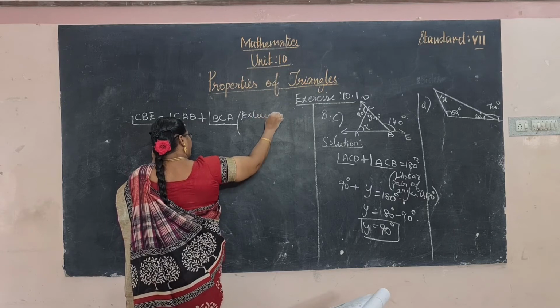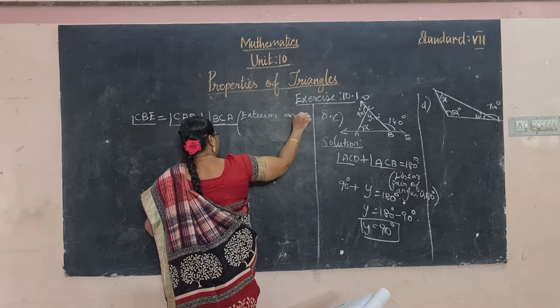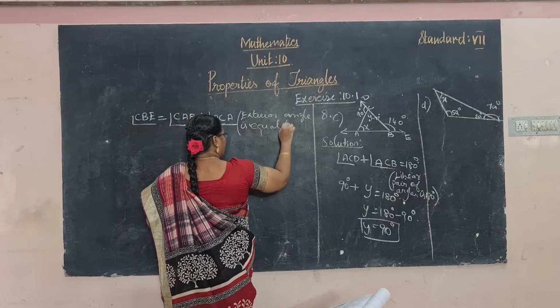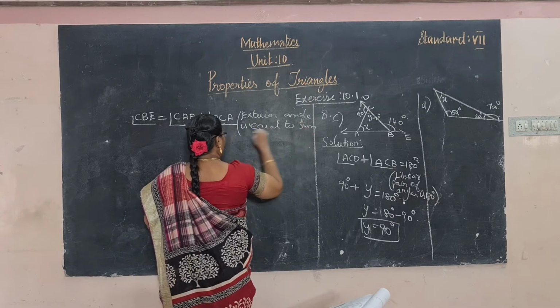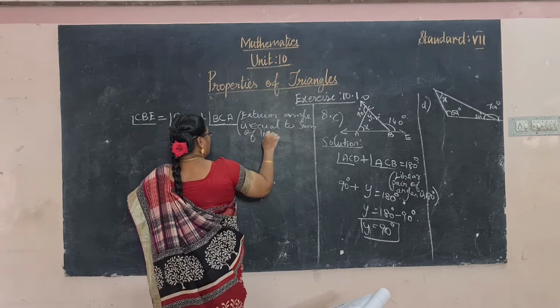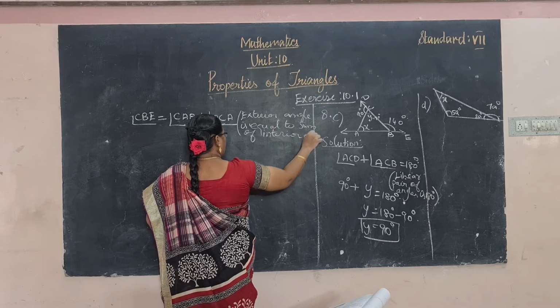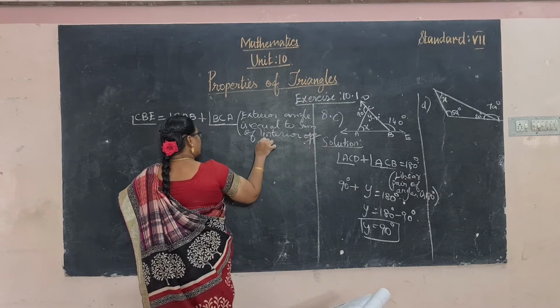Exterior angle is equal to the sum of interior opposite angles.